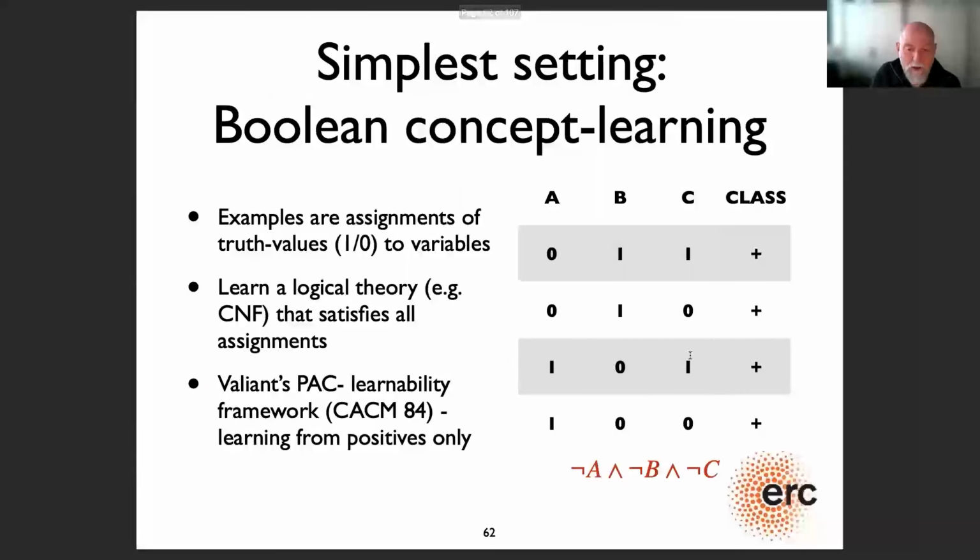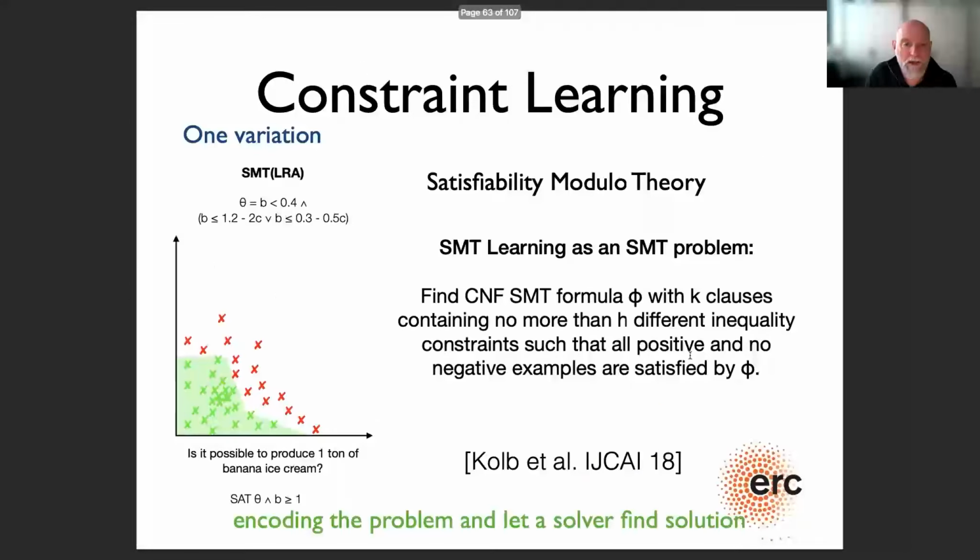Now, whereas Valiant was doing that in an enumerative fashion, you can also use other methods, and you can look at extensions for doing that. Here, what we learn is not this conjunctive normal form, but we use what is called SMT, satisfiability modulo theory.